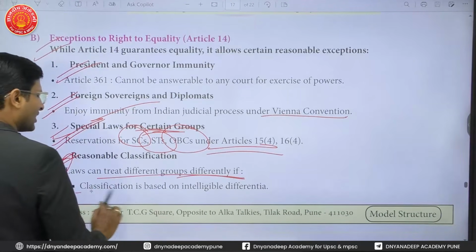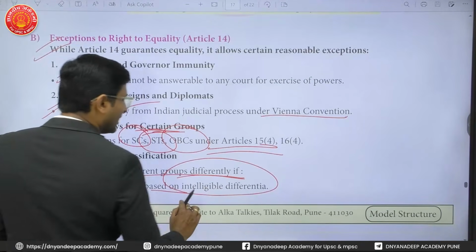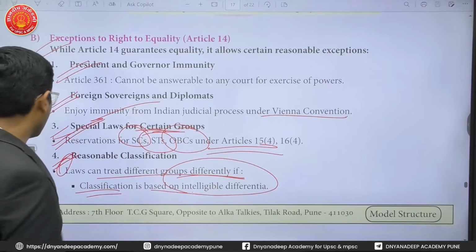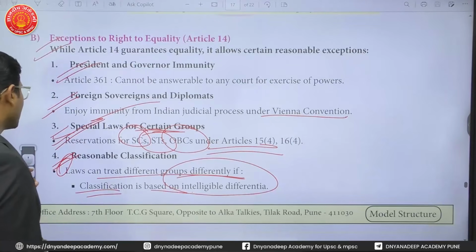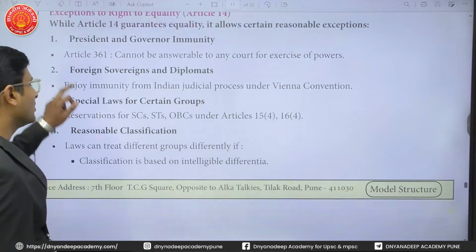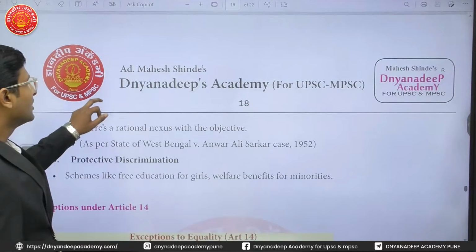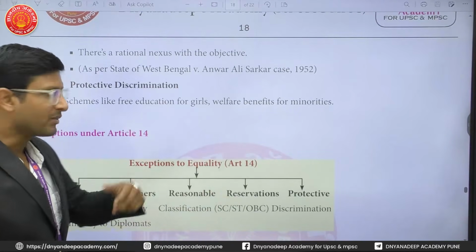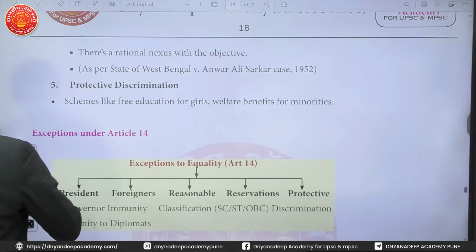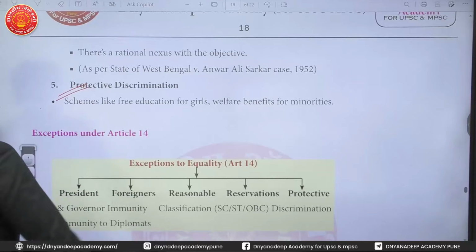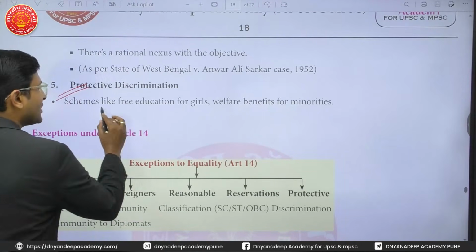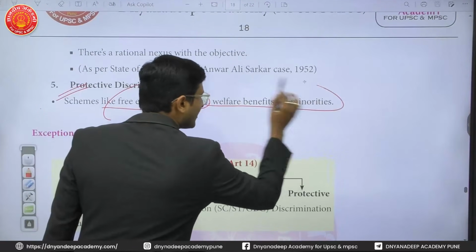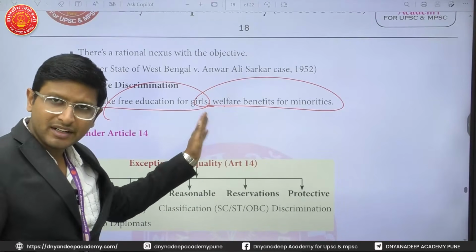For example, classification is based on intelligible differentia. So reasonable classification can be different according to the law. So poor people have been given more benefits. Then protective discrimination schemes like free education for girls and welfare benefits for minorities are actually required.